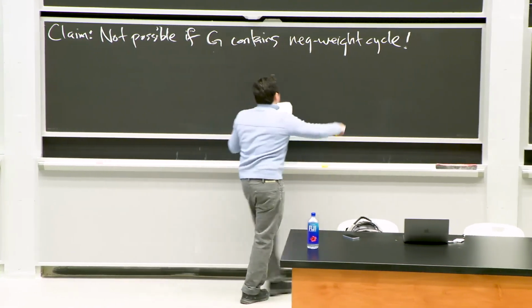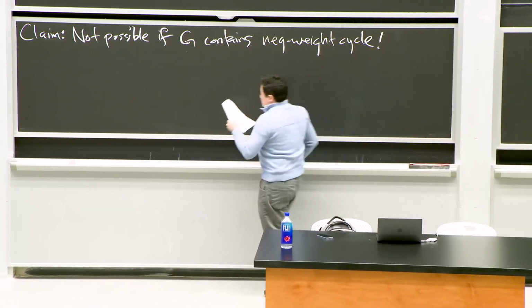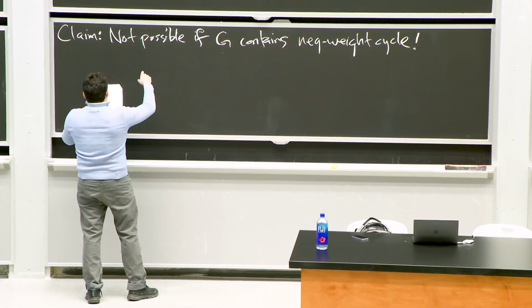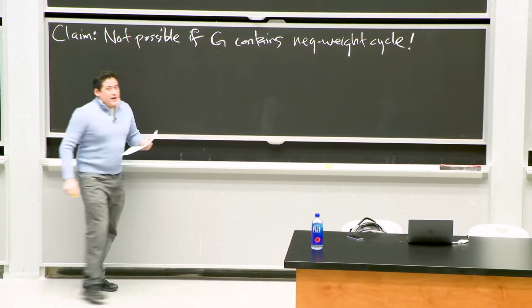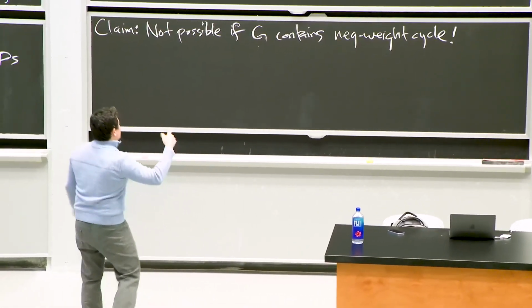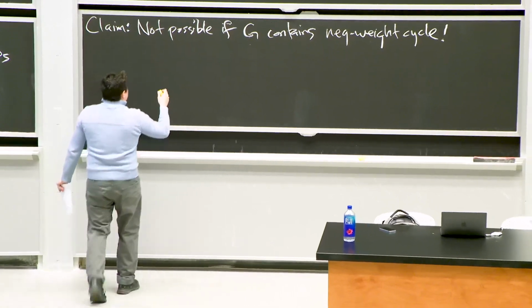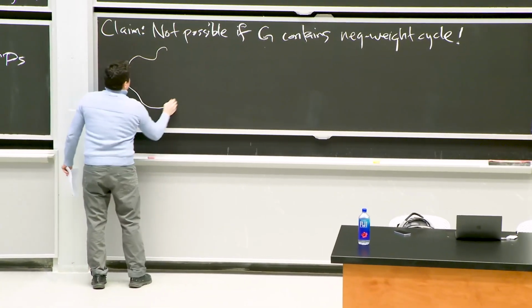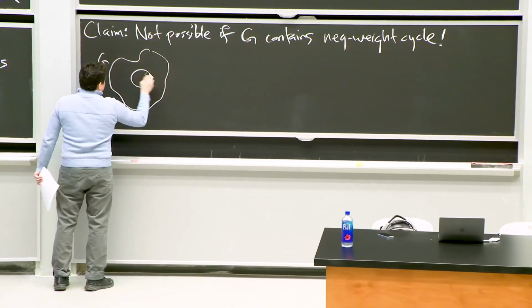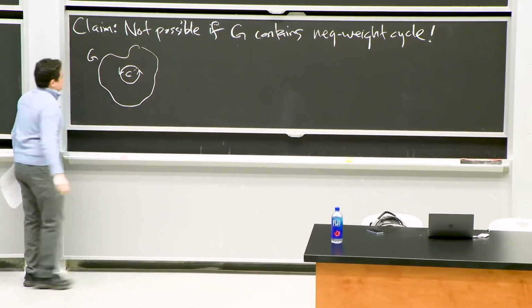So if G contains a negative weight cycle, then in particular, if this is G, say we have a negative weight directed cycle C here.